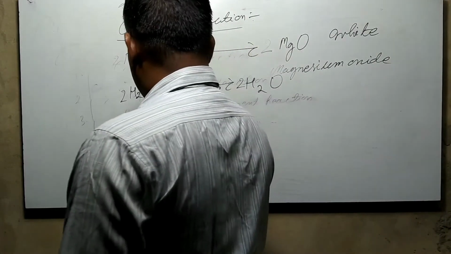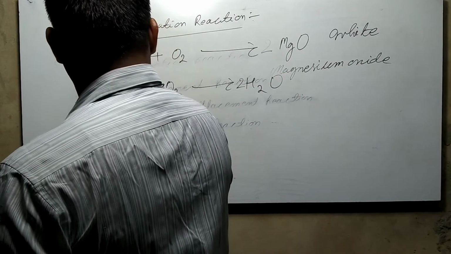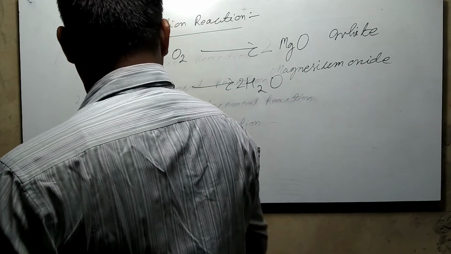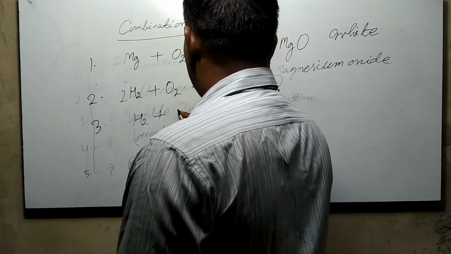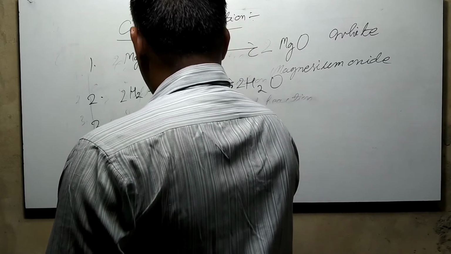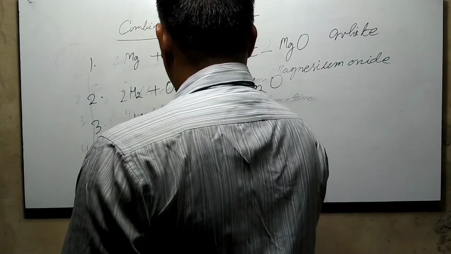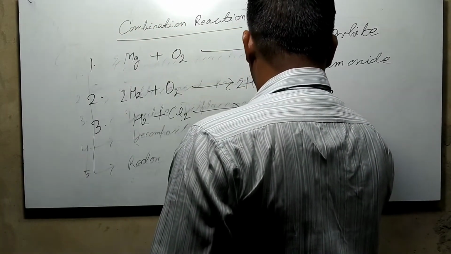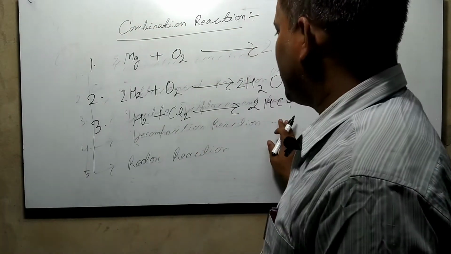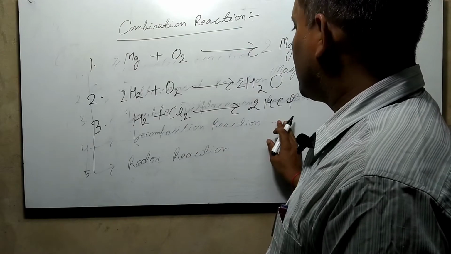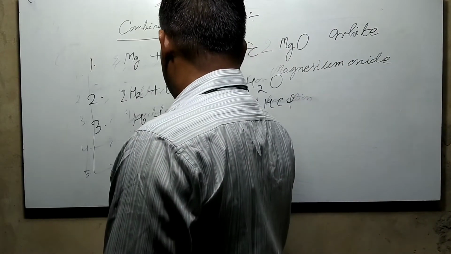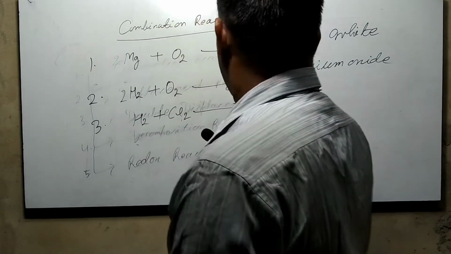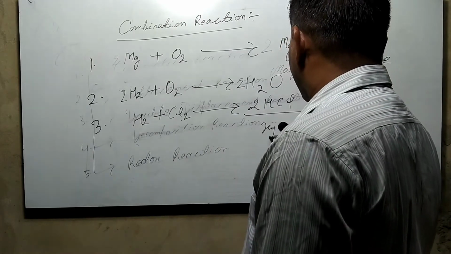Other example, example number 3: hydrogen, H2, combined with chlorine to give 2HCl. Directly we can write 2HCl. It is very easy: hydrogen and chlorine combine and give 2HCl, hydrogen chloride.